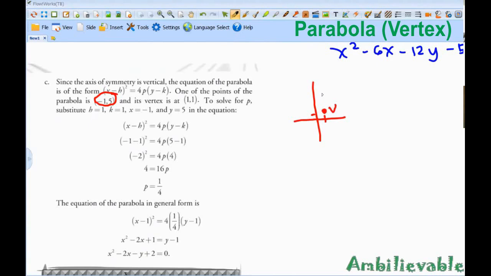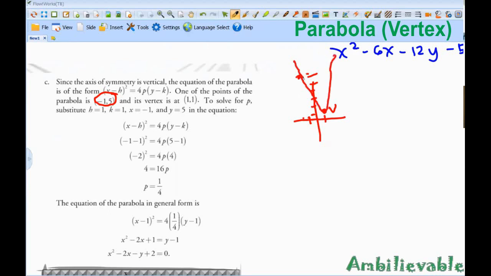So either the focus is up, down, right, or left. But one of the points it passes through is (-1, 5). So where is it? Negative 1 and 5: 1, 2, 3, 4, 5. It's here. So meaning to say that the graph is over here, right?